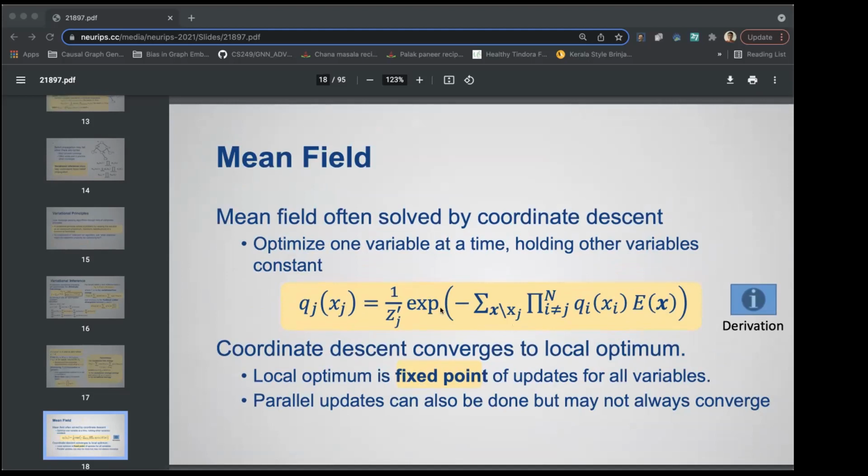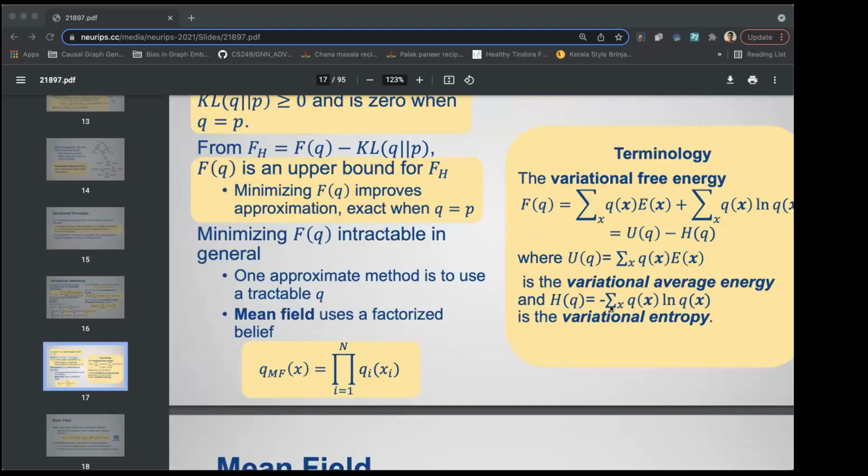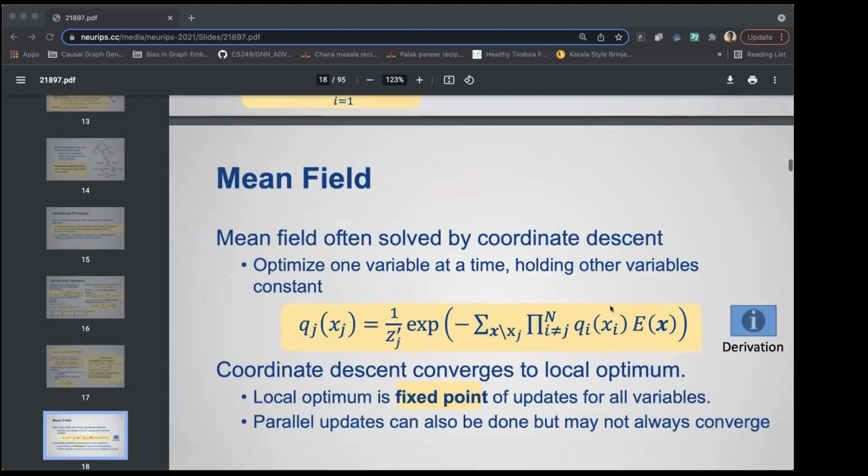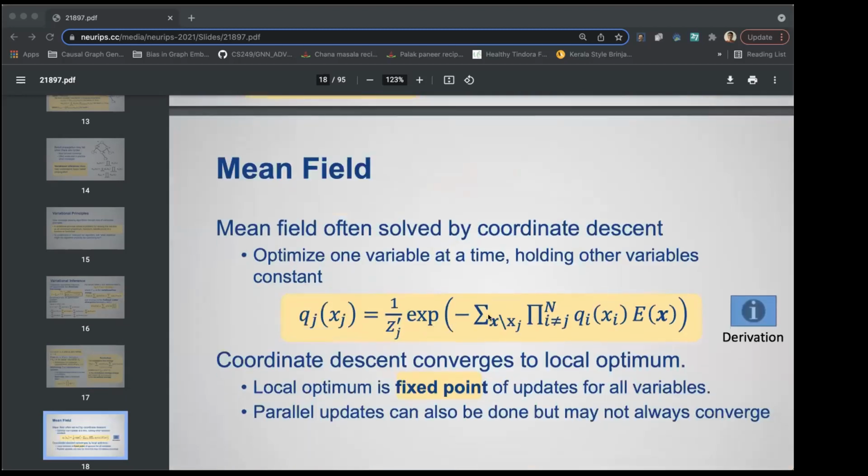So this is just the same expression that we had from before, where we're taking e to the power of the negative sum over all the different variables. So this is the mean field component.